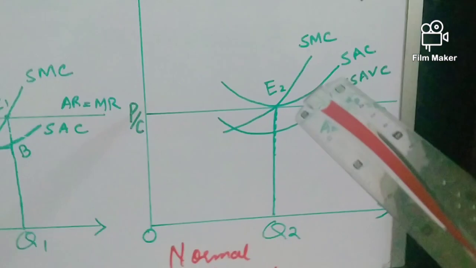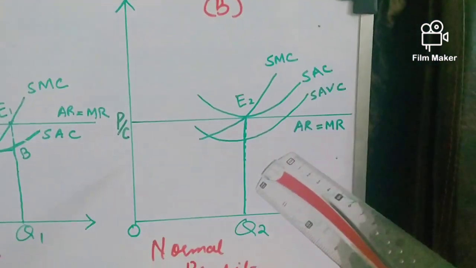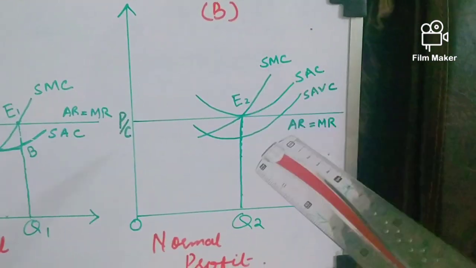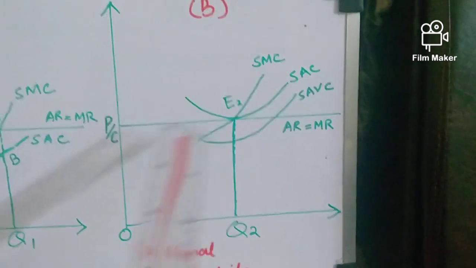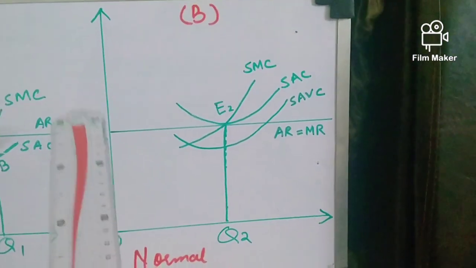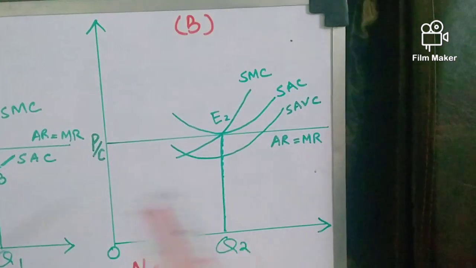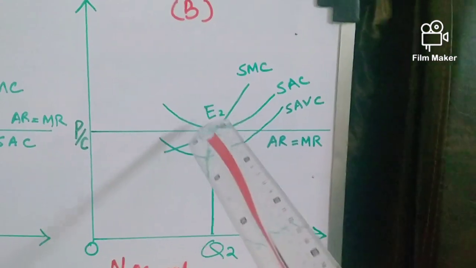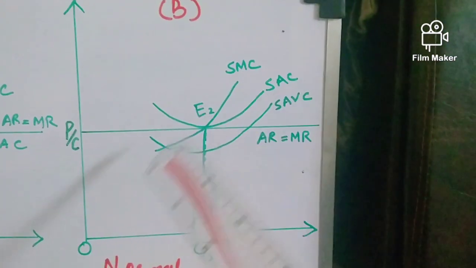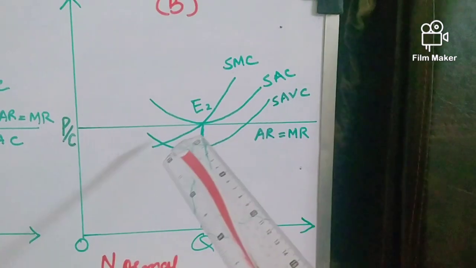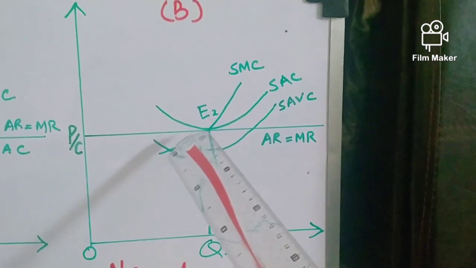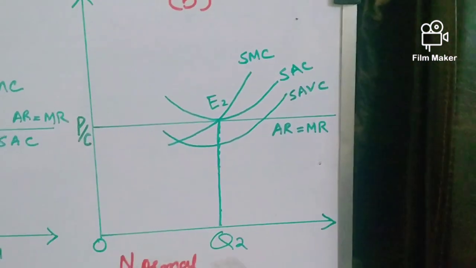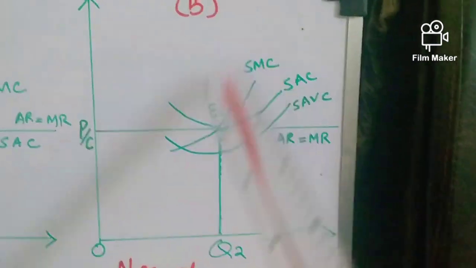Now, in part B of the figure, I have drawn the second case, which is the normal profit case, where the firm earns normal profit. Again, on the y-axis we have taken price and cost, and on the x-axis I have taken quantity. Equilibrium will again take place at the point where the short-run marginal cost curve cuts the marginal revenue curve from below, and it takes place at the point E2. So OP is the price determined and OQ2 is the equilibrium quantity determined.